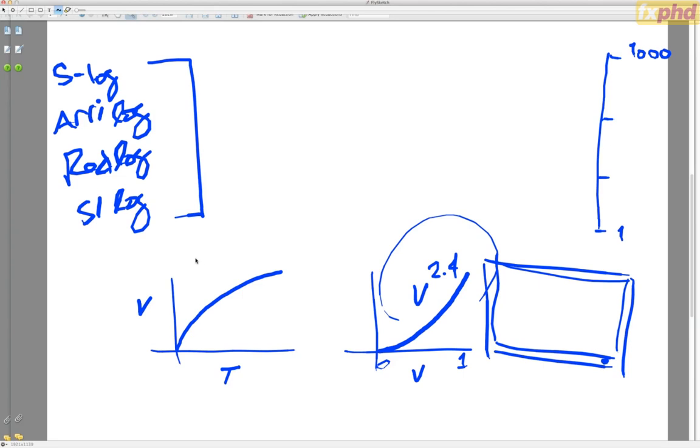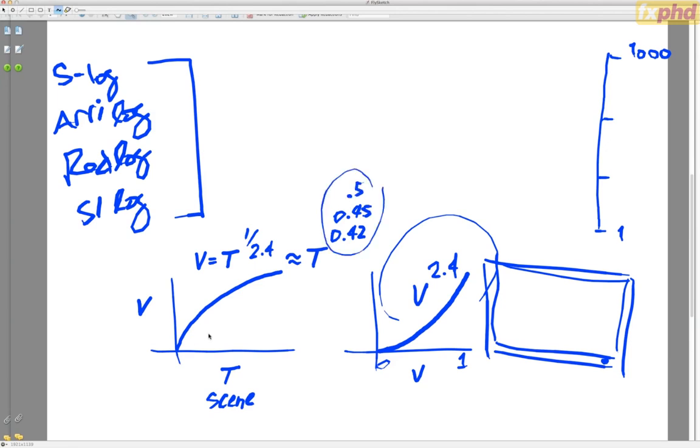So the mapping from linear light tristimulus value to video code is something like the inverse of that. You could very roughly say that at the input side, and these are scene tristimulus values because we're scene referred, video signal is linear light to the 1/2.4, something like that, which is comparable to linear light to the 0.42 or the 0.45 or the 0.5. Some number like that would be appropriate for the front end of HD.